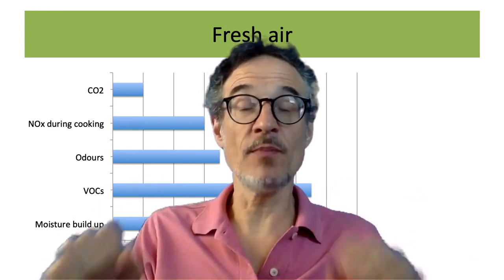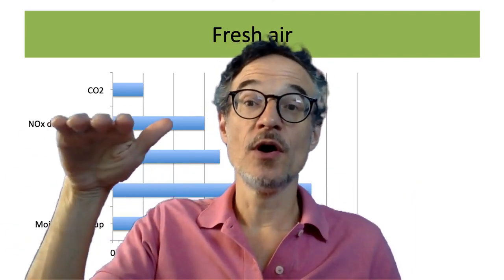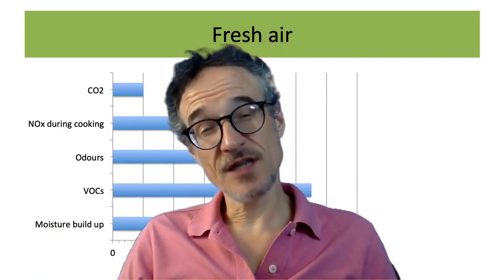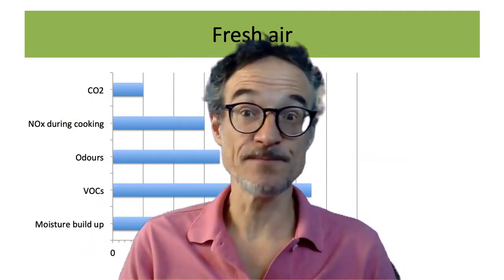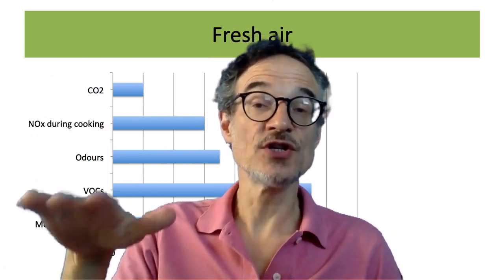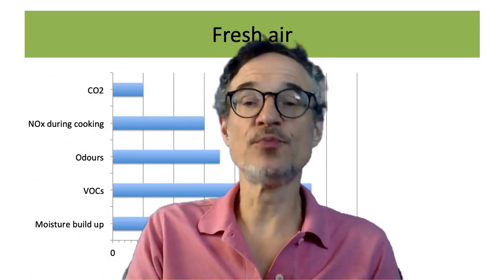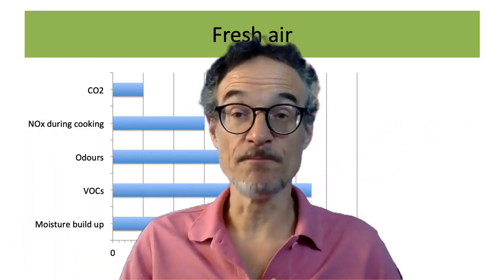We breathe out carbon dioxide, and when carbon dioxide levels go up, we start to get a bit sleepy. When it gets higher, we start to get headaches, and carbon dioxide levels need to be kept down. So we need ventilation not to bring in oxygen so much, but to get rid of carbon dioxide.